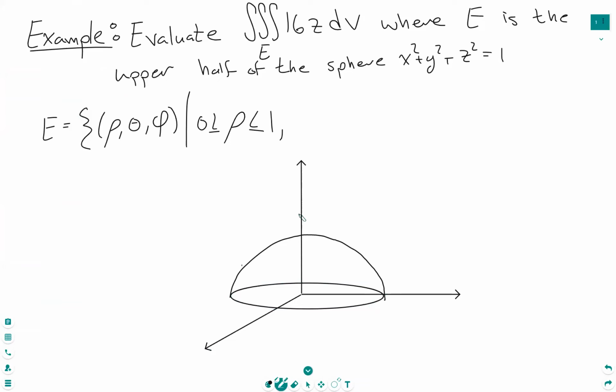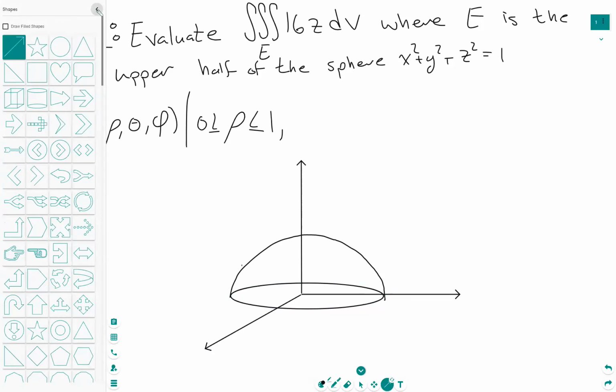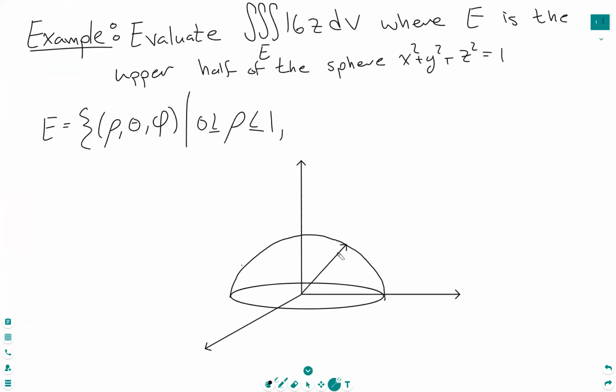Phi, remember, is measured from the z-axis. So if I'm going out in rho from 0 to 1, I also need to start from the z-axis and make out this entire half right here. So I need to come down from 0 and make a 90-degree angle. So I need pi over 2. So phi goes from 0 to pi over 2.